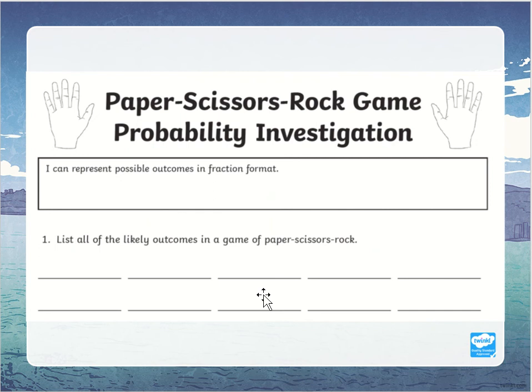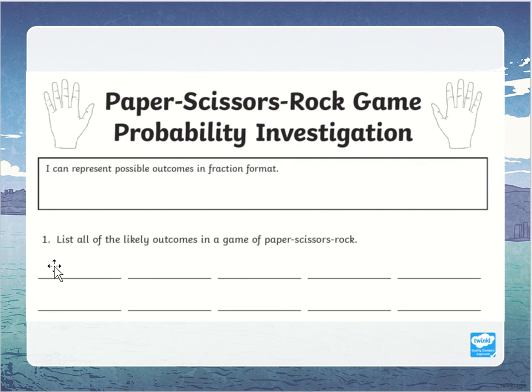All right, the next thing you can do is a paper, scissors, rock game, and it's a probability investigation. You're going to put out all of the likely outcomes of this scissors, paper, rock game. If you were doing it with a partner, what could be some of the outcomes? If I was doing it with someone else, I might have paper and they might have scissors.